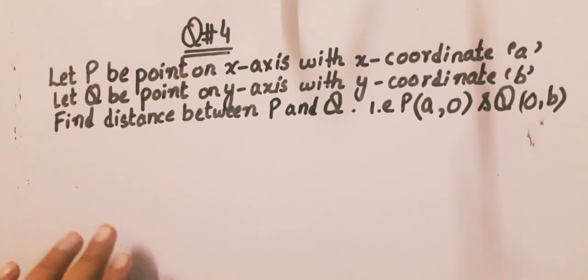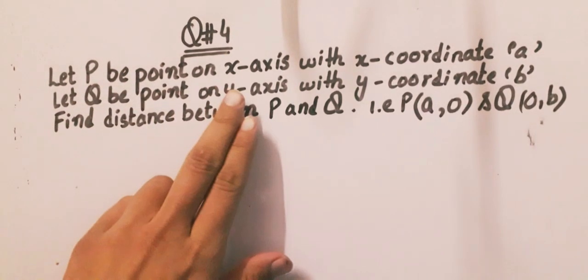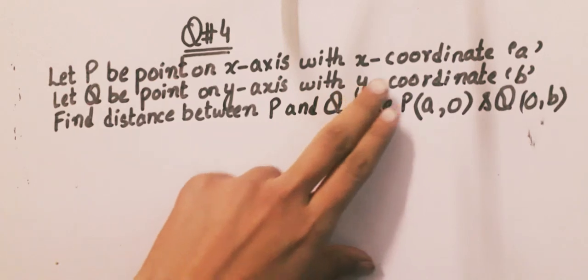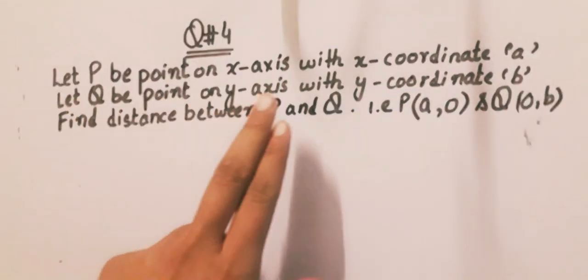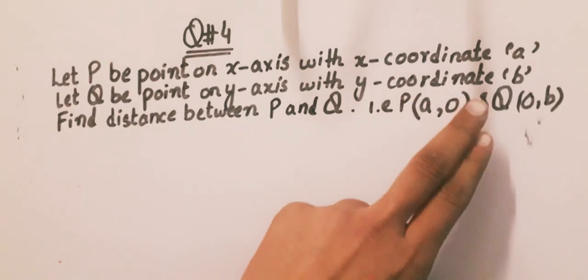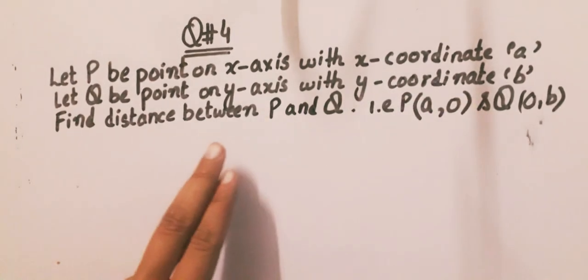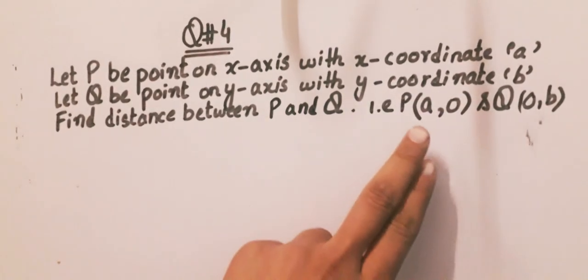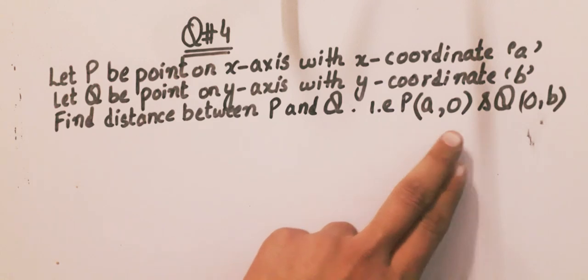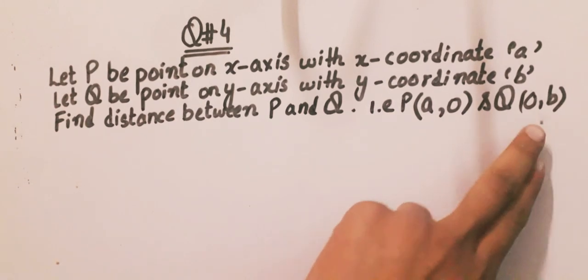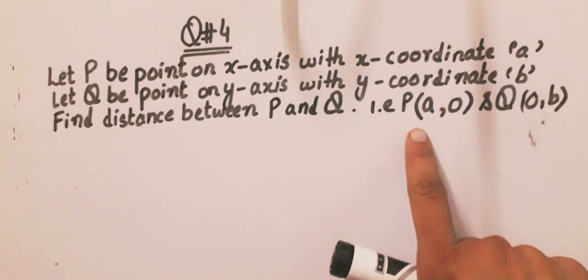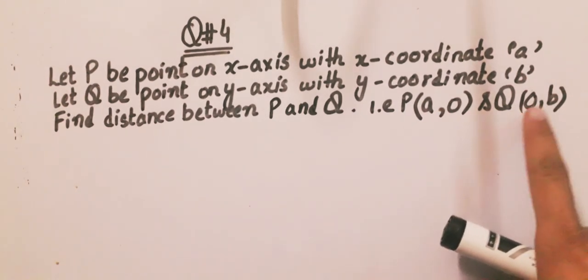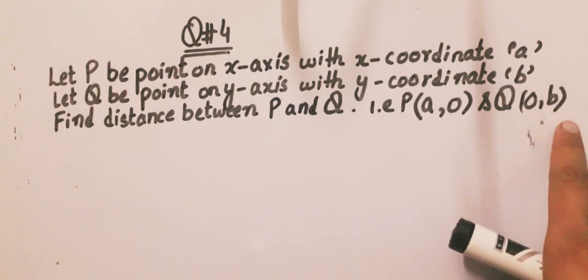Now question number 4 is, let P be a point on x-axis with x coordinate A and let Q be a point on y-axis with y coordinate B. Find the distance between P and Q. P has coordinates A and 0 and Q has coordinates 0 and B. Because P lies on x-axis, the value of y is 0 and Q lies on y-axis, so the value of x is 0.